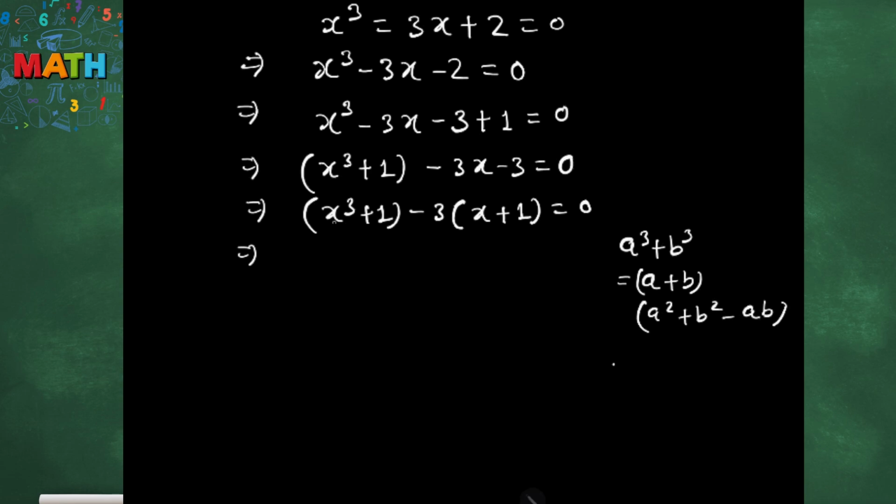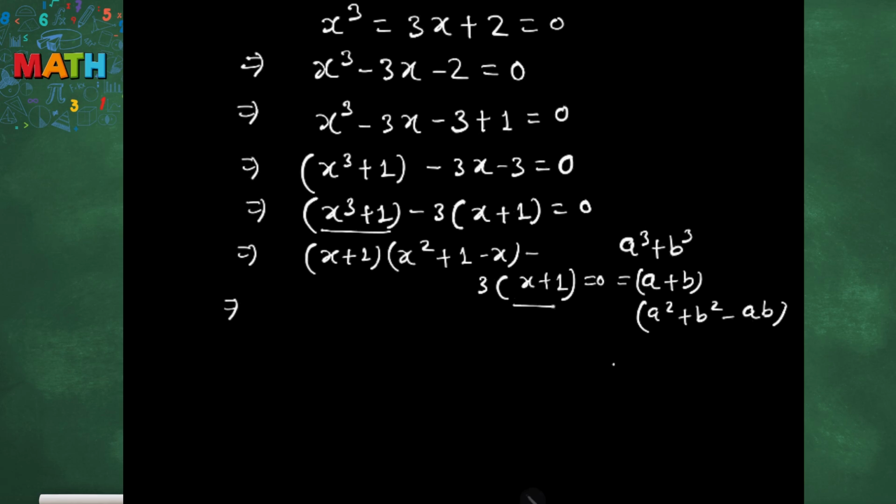So we can apply the same a cube plus b cube formula here. So we can write x plus 1, and then x square plus 1 minus x. Here take 3 common, x plus 1 is equal to 0.